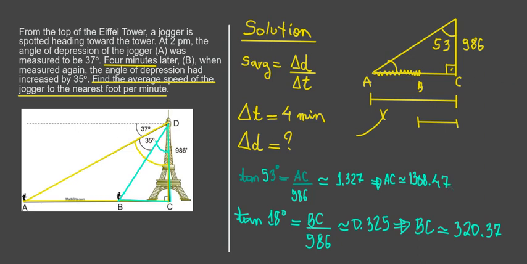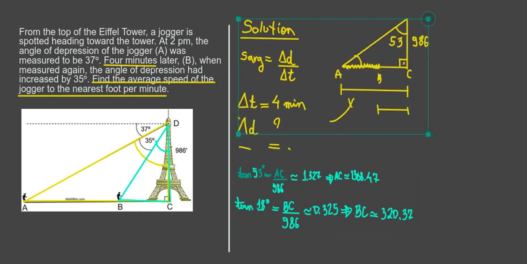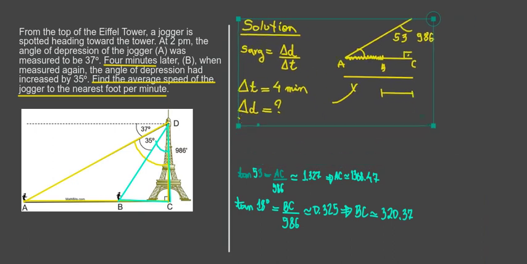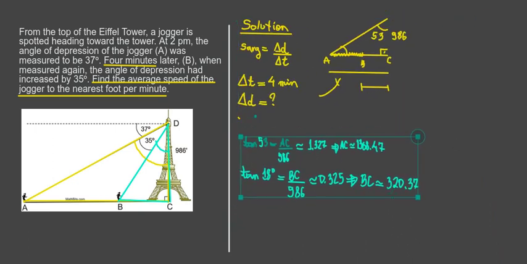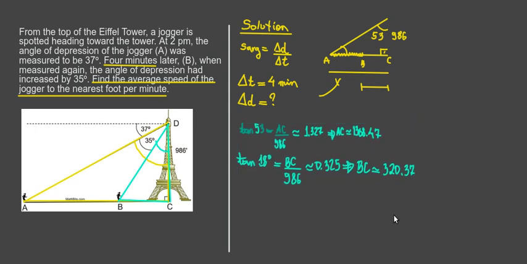And now we can find the value of AB just by subtracting. Let me try to do this properly. Okay, and now let's do the subtraction.